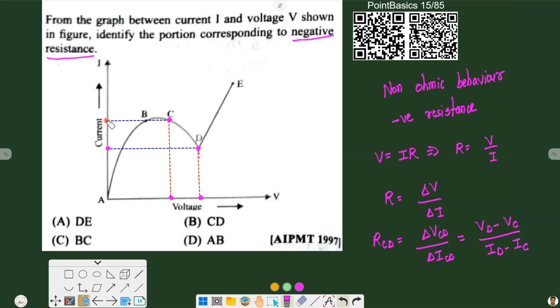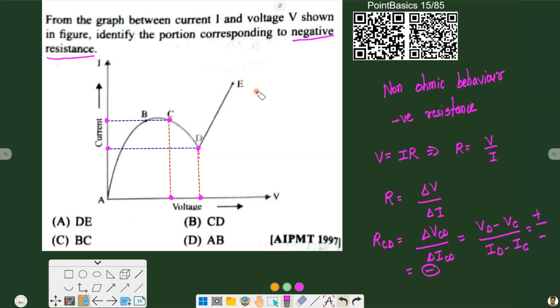From this, we can see that VD is greater than VC, so this subtraction is positive. But on the current side, ID is lesser than IC, or IC is greater than ID. So the denominator will be negative, and hence this resistance will be negative.